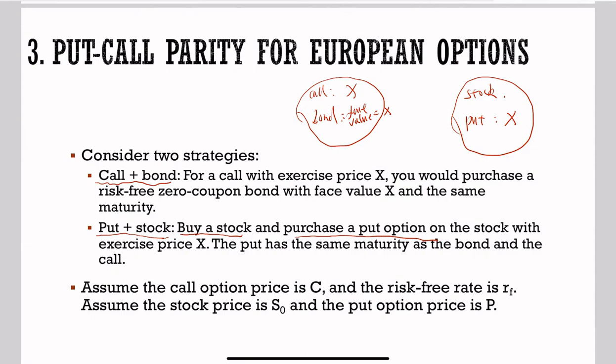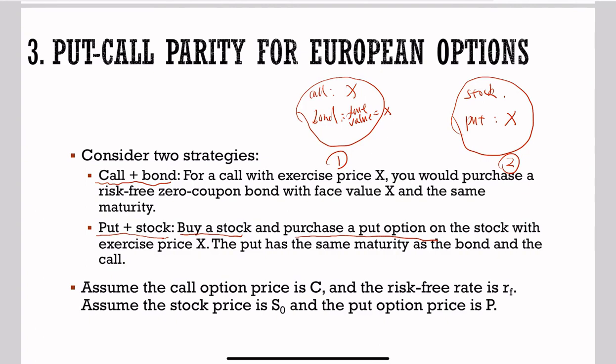Now, what's so special about these two different investment strategies? Well, the interesting thing is, if you look at these two portfolios, this first one and this second one, they will give you the same payoff, right? That's the interesting part.